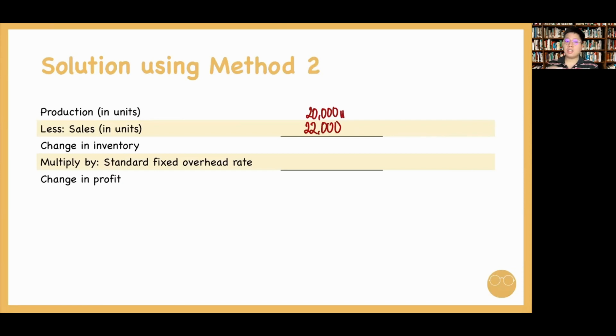Therefore, sales is higher than production by 2,000 units. Let's multiply it by our standard fixed overhead rate of 20, and we get a 40,000 change in profit. This is just a tabular form of how we compute the fixed overhead.